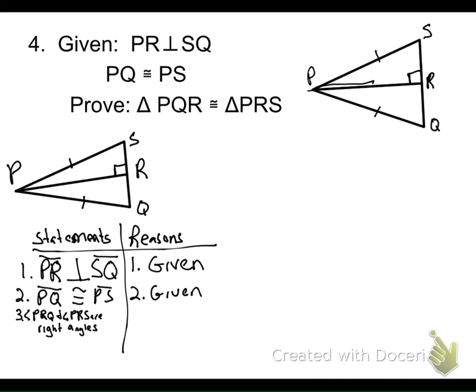Say it again. It's an and sign. Serenity is correct. Okay, and we know this because perpendicular lines form right angles. So we're going to write 3, perpendicular lines form right angles.